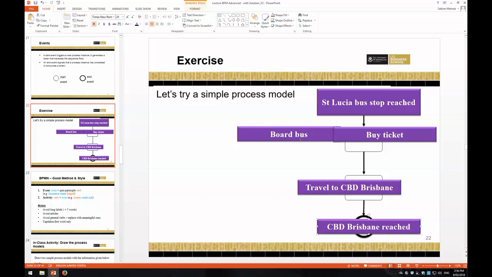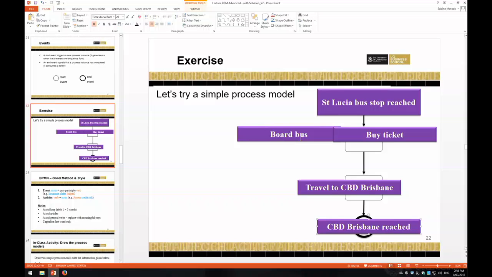So if our transport organization, for example, wants to have both options included, they might have an exclusive or both, so allow both options. So you can do it this way, you can do it that way, wherever you get your ticket from. So whatever you have there, first buy ticket or first board bus, this is right.